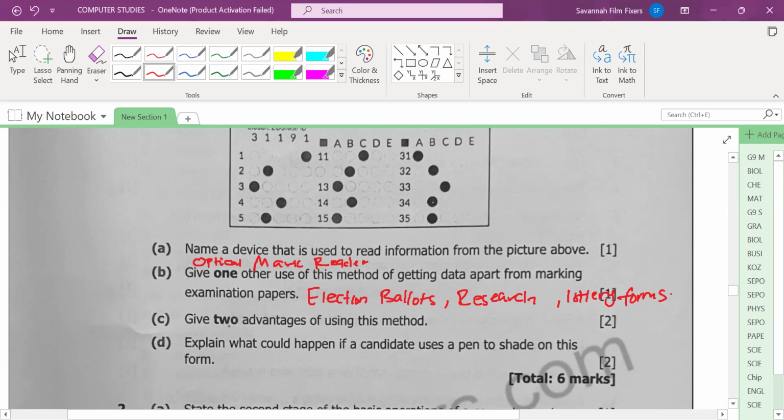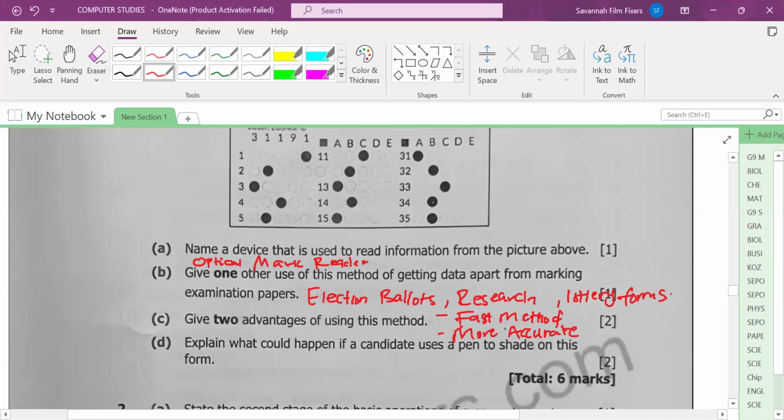And this is the third question that they are asking. Give two advantages of using this method. So it's a fast method. And also it's more accurate because it's a computer that's getting the marks. So it's not prone to human error. It can translate the patterns and convert them to scores.